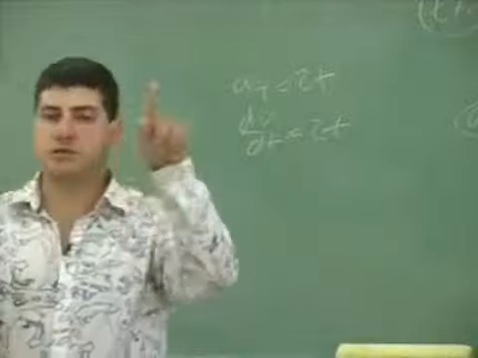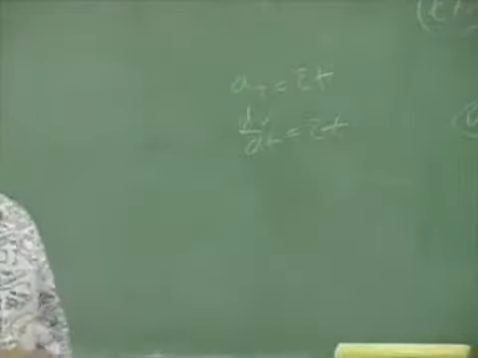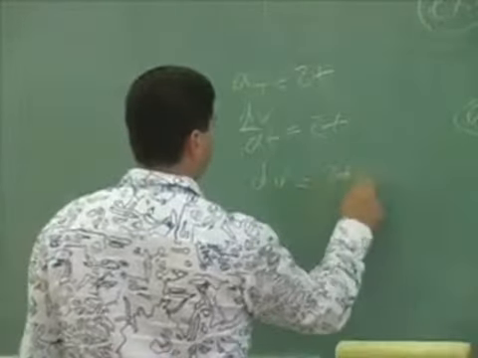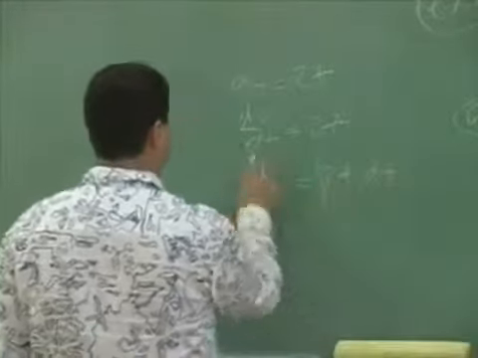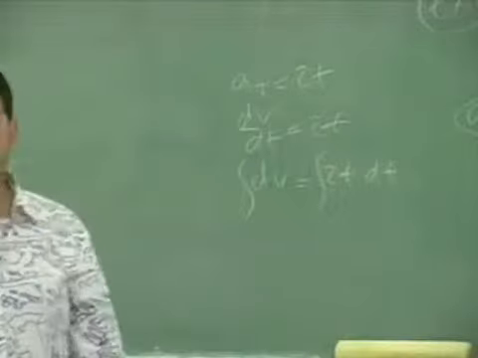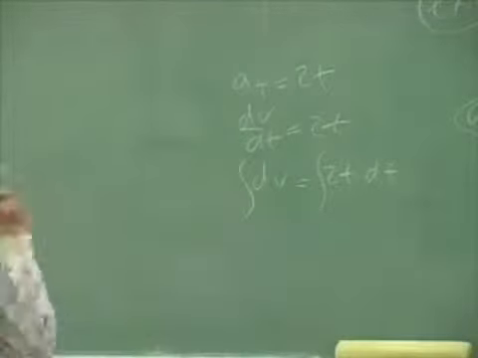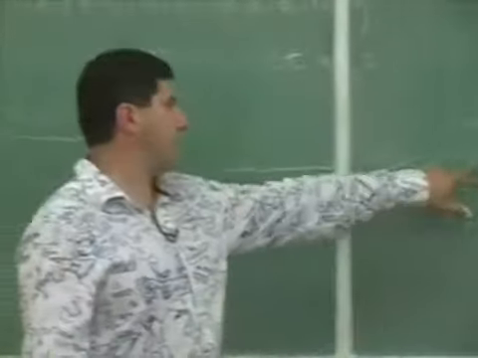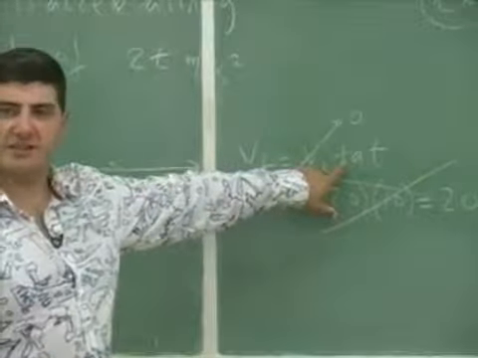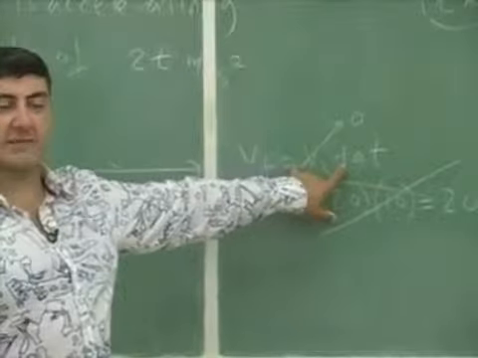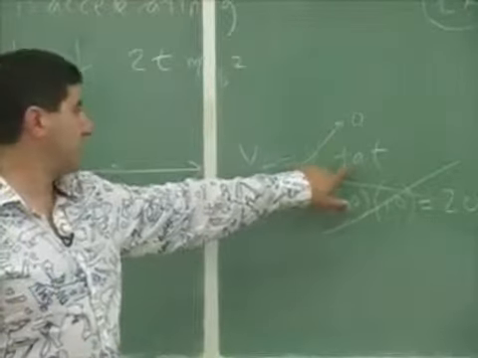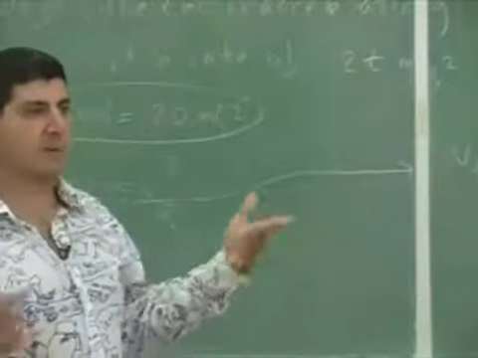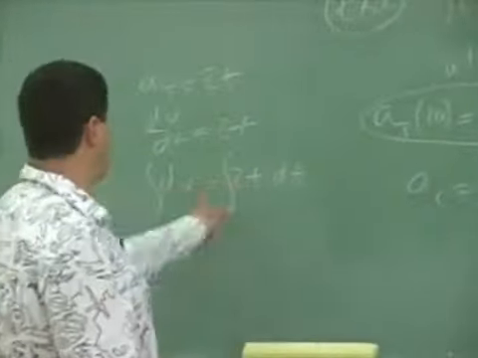Then you have to integrate to get the final V. When it's non-constant, you have to integrate. As a matter of fact, where did this equation come from? We integrated the A, and if it's a constant A, its integral is AT. So that equation came by integrating. And so now we've got to integrate this.